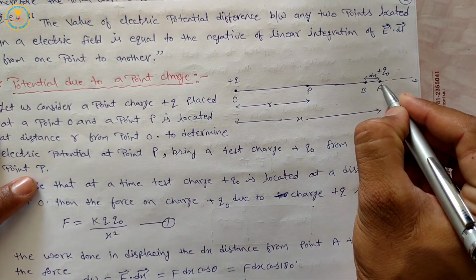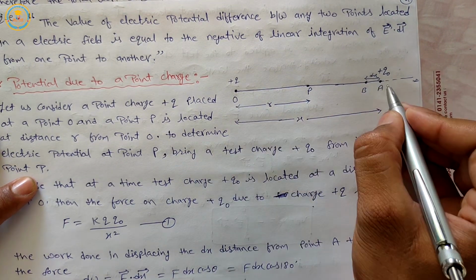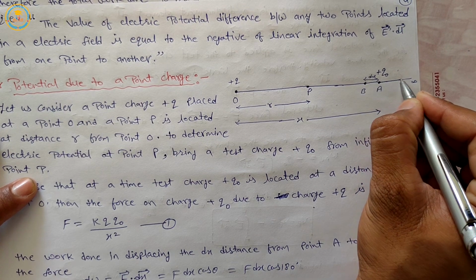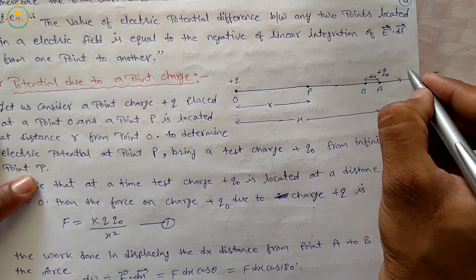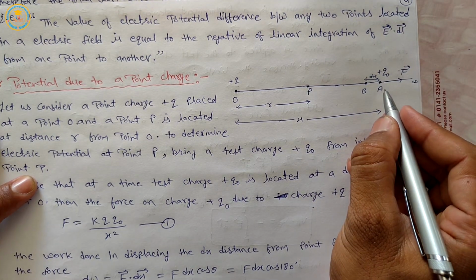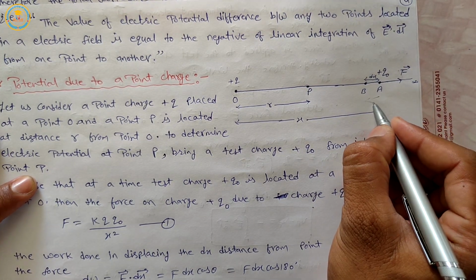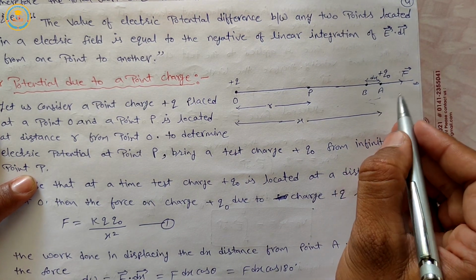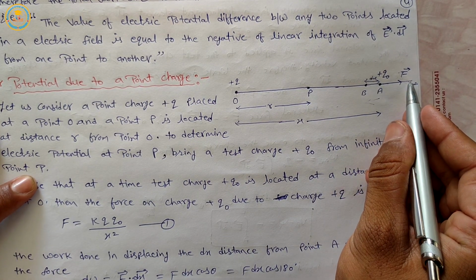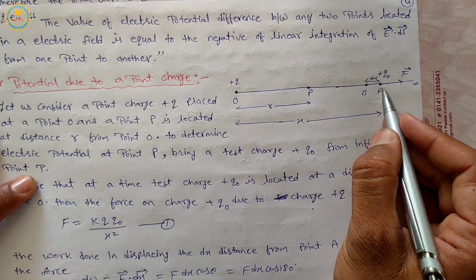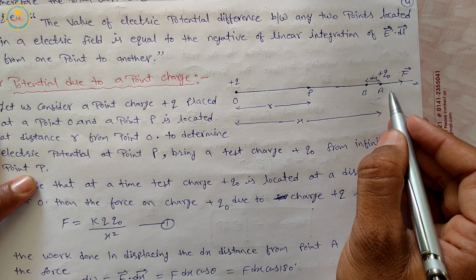Here the charges are both positive, so the nature of force will be repulsive. The direction of force is like this, and the direction of displacement is opposite to the direction of force, which means the angle between F vector and dx vector is 180 degree.